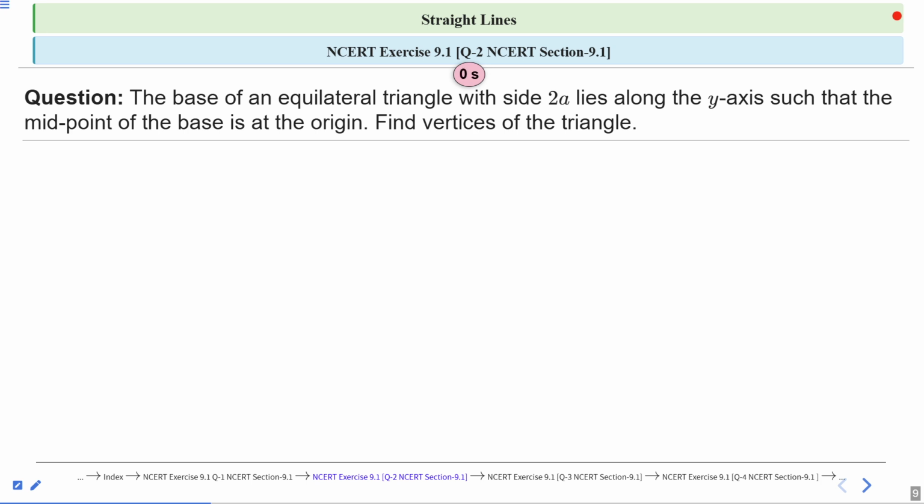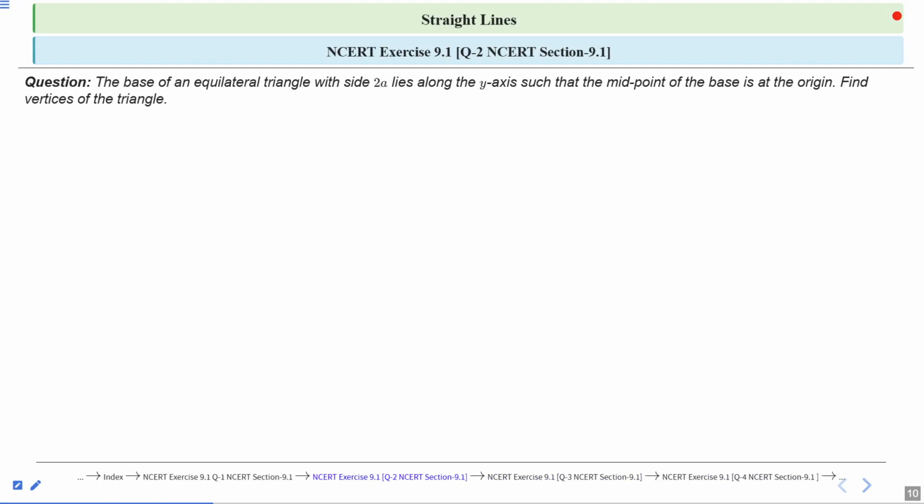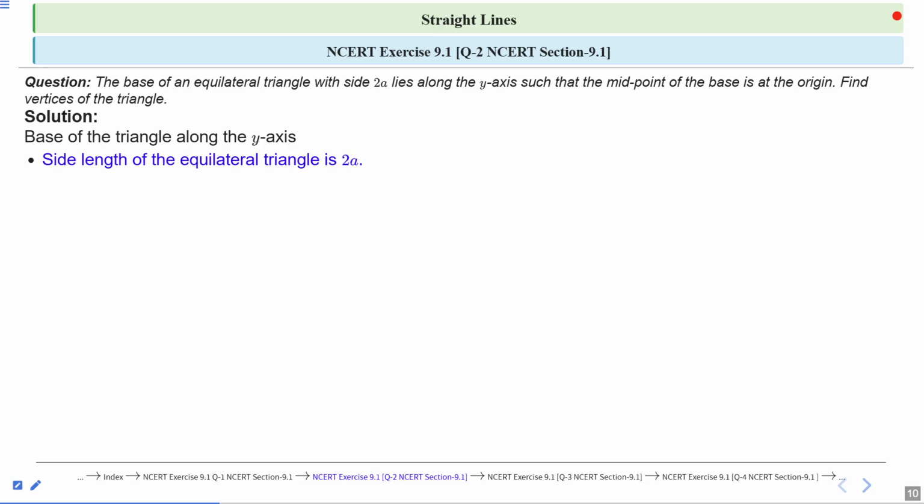Okay, students, your time is over. So now we will see how to solve this question. So let us see the solution. The base of the triangle is along the y-axis, and the side length of the equilateral triangle is 2a.